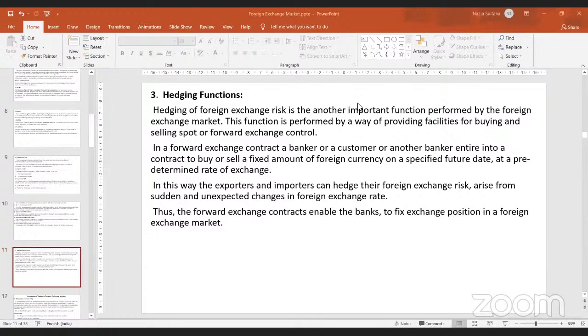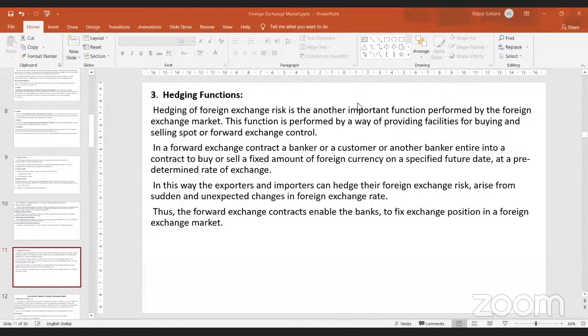Now, in a forward exchange transaction, what will happen? Any customer, any individual, any banker, or anybody will try to sell or buy a foreign currency. For example, I want to buy foreign currency worth $500, but I don't want to buy it today. I want to buy it maybe next month because I have to travel for a conference.